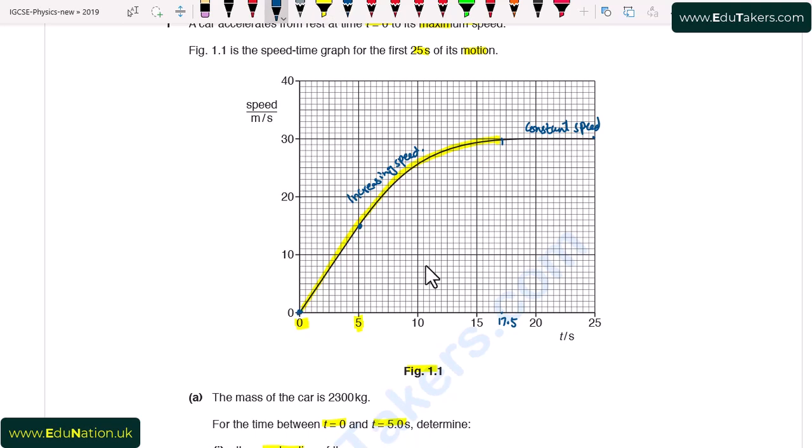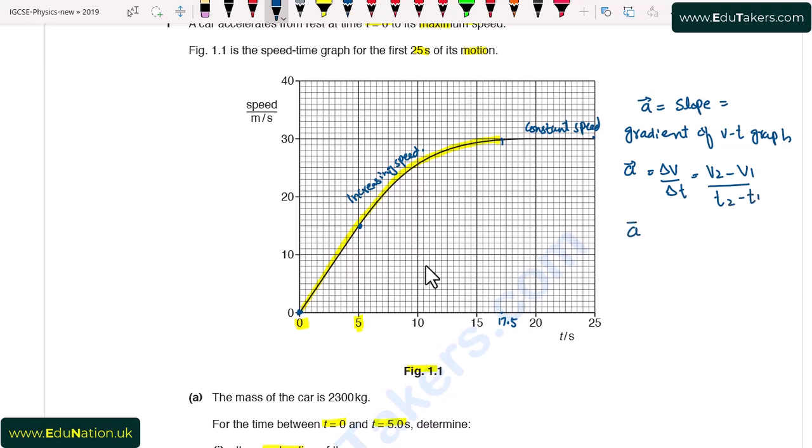We know that acceleration is equal to the gradient or slope of the speed-time graph. When we write the gradient, acceleration becomes delta v over delta t. So here we have two times, 0 and 5, so I write v2 minus v1 over t2 minus t1.